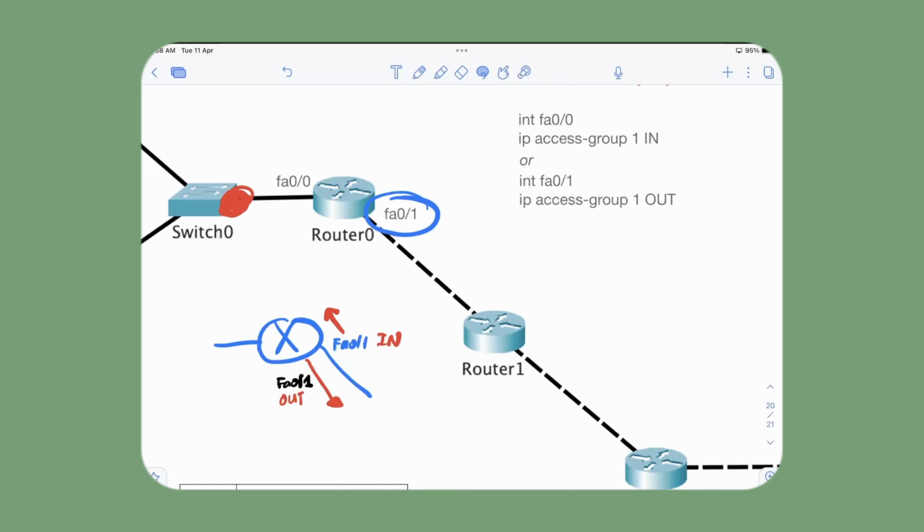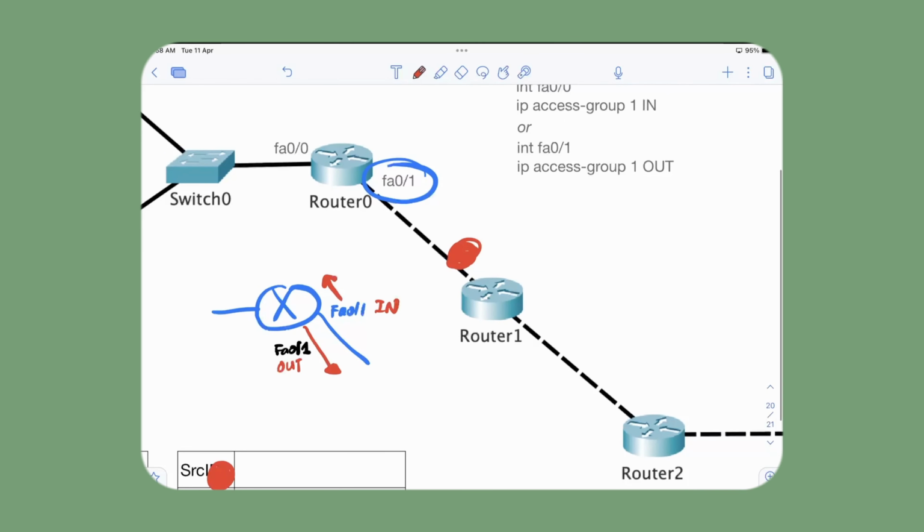See again, come in FA00, go out from FA01. So that means the ACL that we put must be this one: out. We ask the router to check when the packet exits from your FA01, not coming inside your FA01. Understand or not? You must follow the flow of the packet.